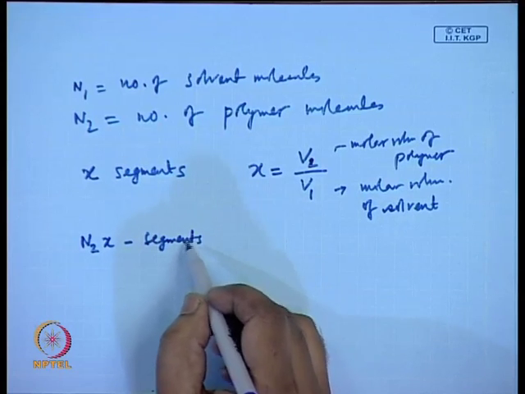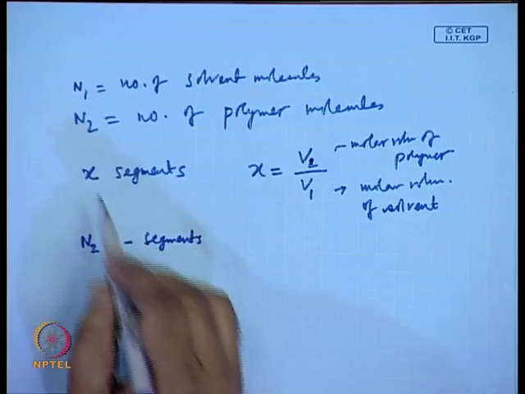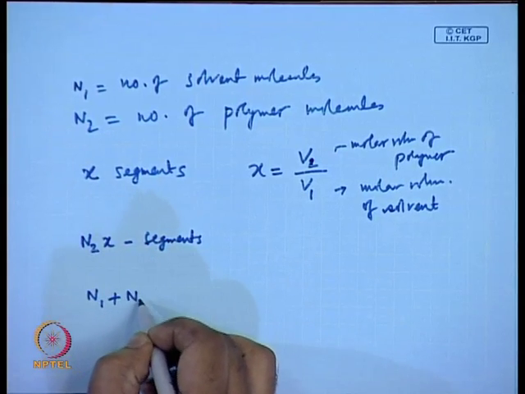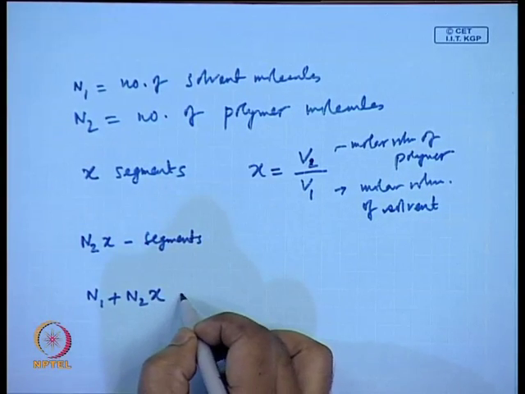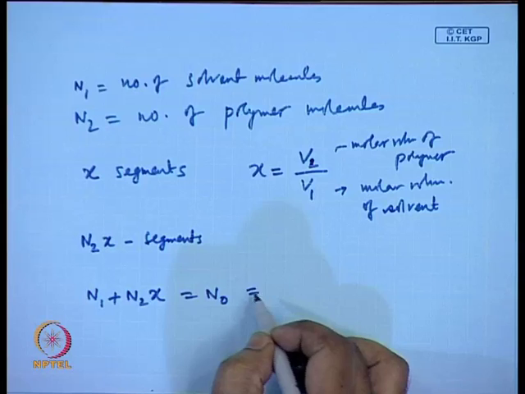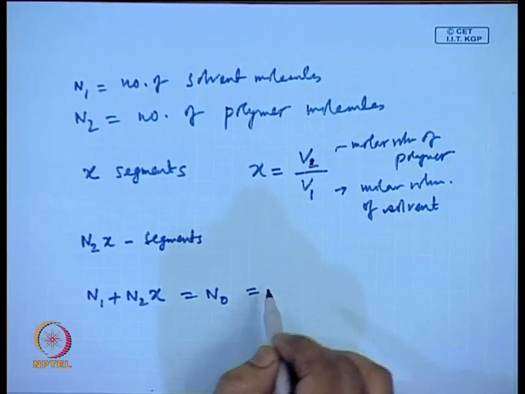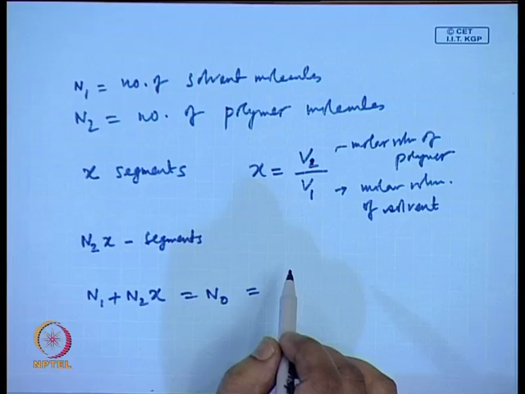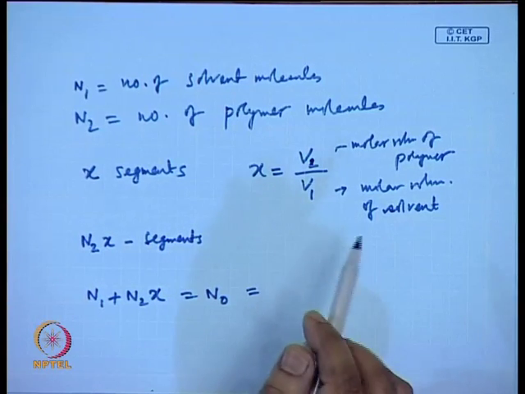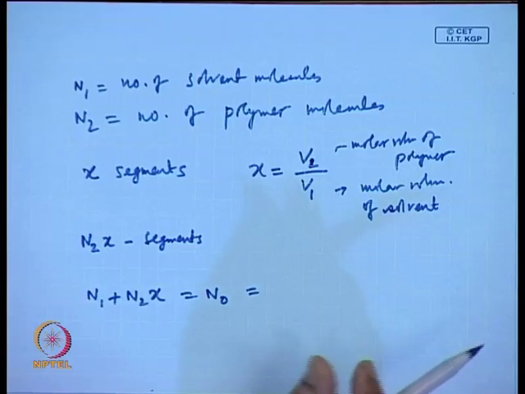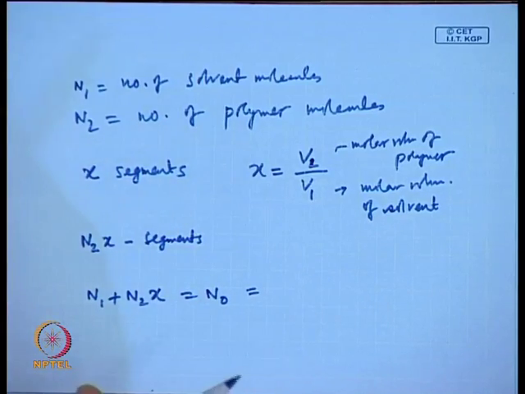So, we require N1 plus N2x, which is N0, as the number of lattice cells, where the size of each cell is either the same as the size of the solvent molecule or the same as the size of a segment of a polymer.